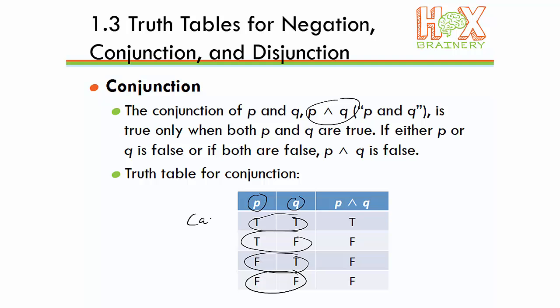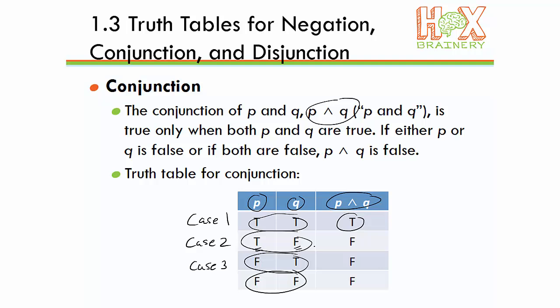So you can think of this first one here, this is like case 1, where both P and Q are true. And then in that case, the conjunction here ends up being true. In case 2 and in case 3, either P or the Q are false, right? So in case 2, P is true, Q is false.